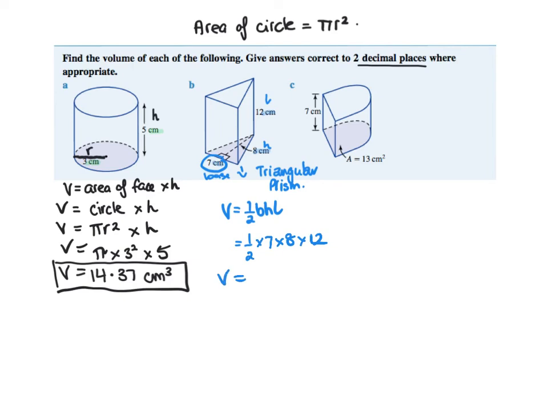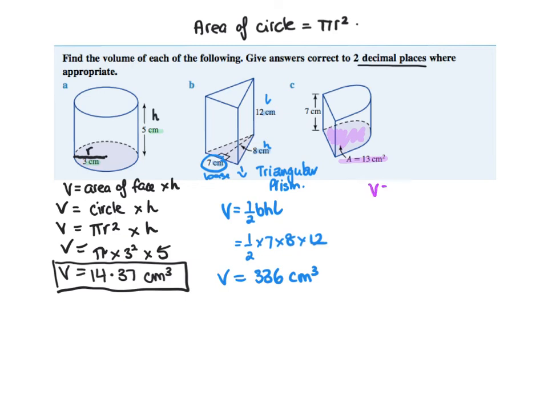Okay, so we end up with 336 centimeters cubed. Okay, now this final one over here, now this is a different sort of shape and I don't really know it. It doesn't stand out to be a regular shape, but if you have a look, they have given me the area of the face already. They've said that that area of that one is 13 centimeters squared.